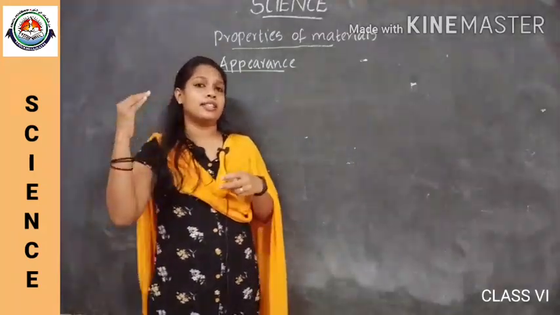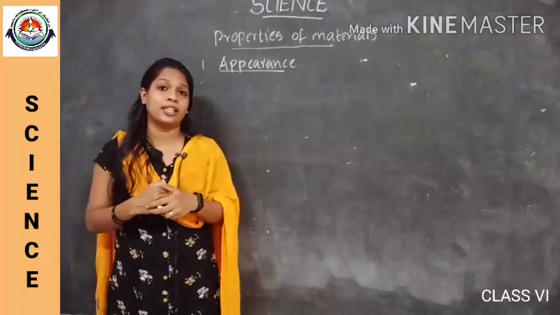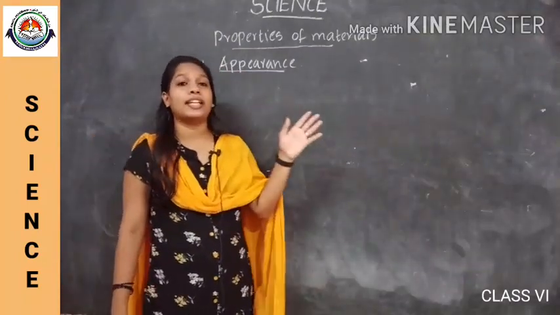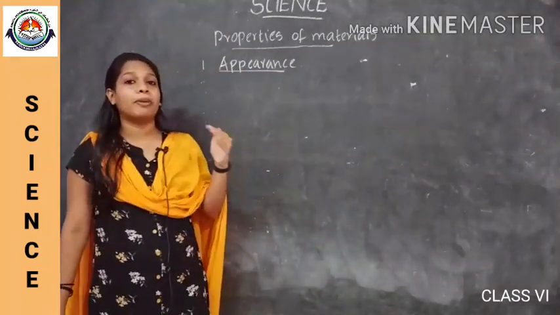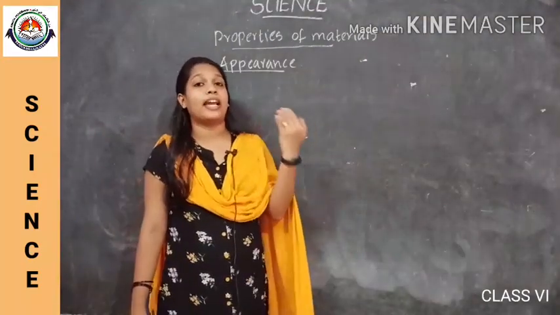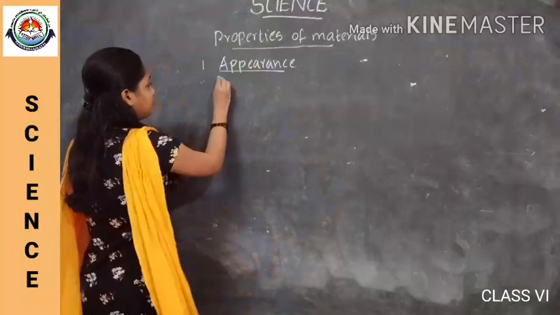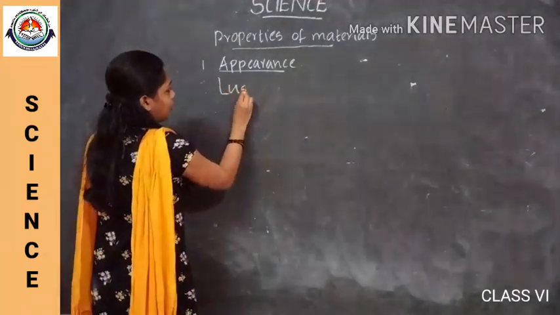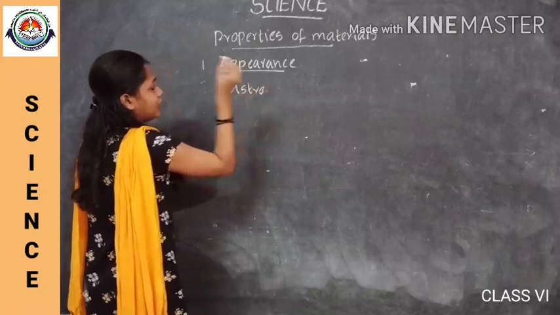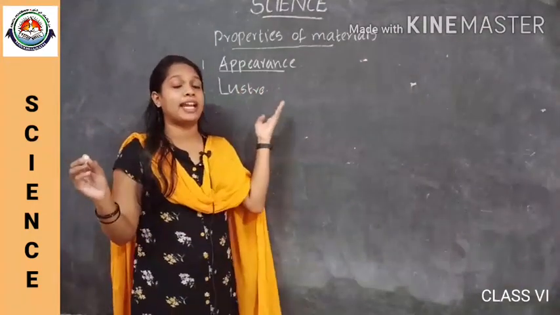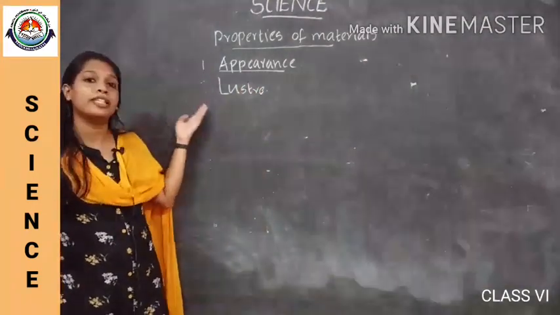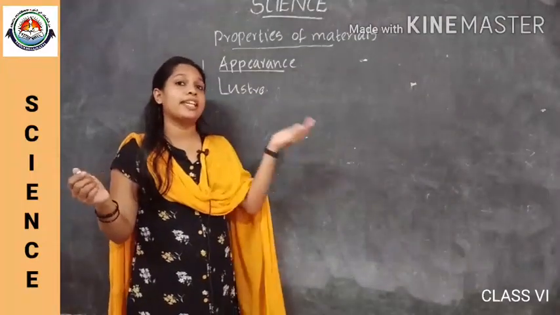And why do some substances shine? The special kind of shine that is present on materials like iron rod and aluminium rod is known as luster. Luster. It is the special kind of shining present on the surface of materials when they are freshly cut.